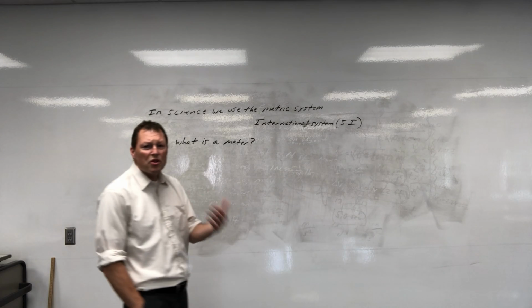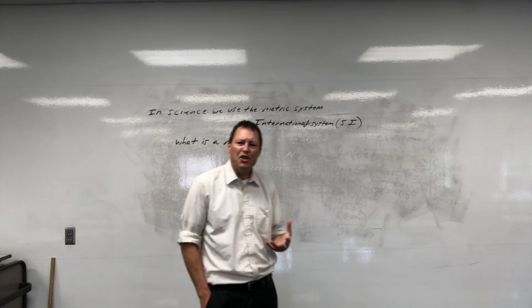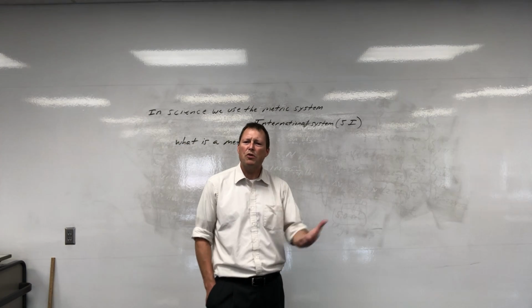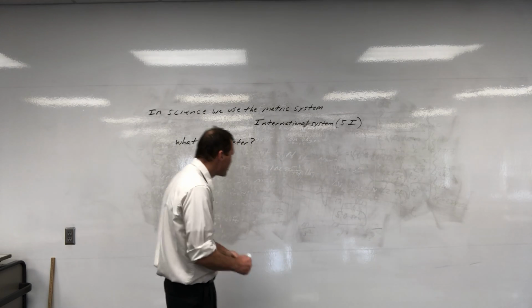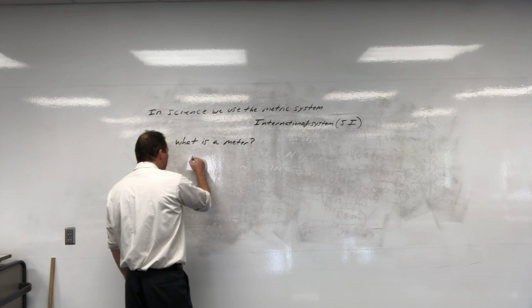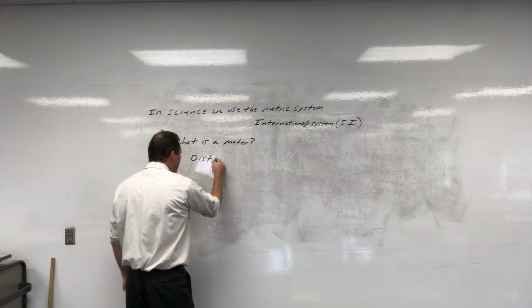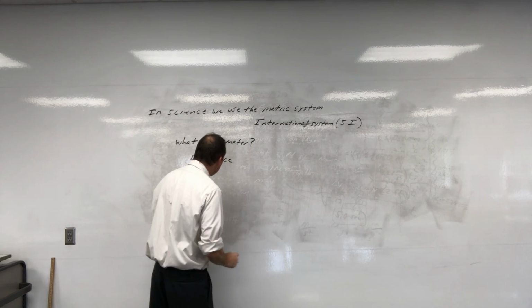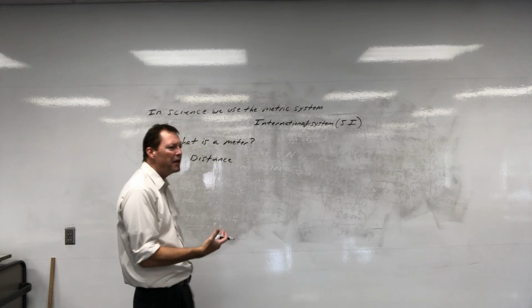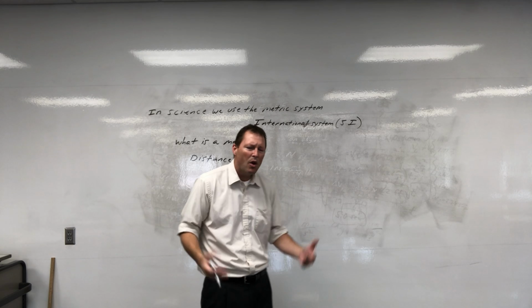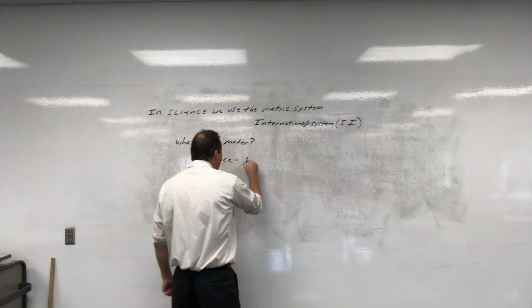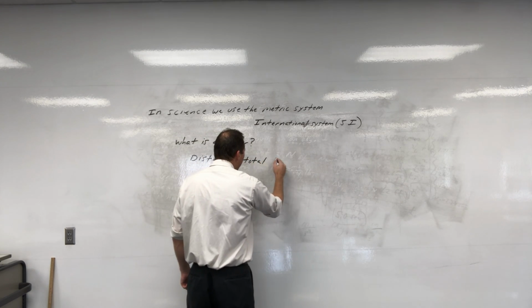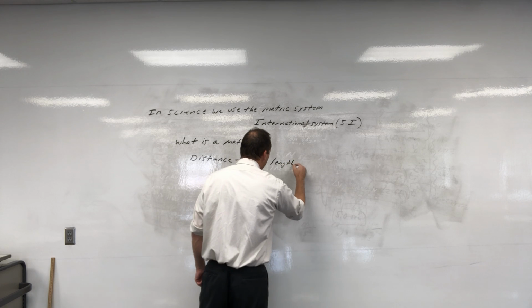All right, let's go ahead and talk about distance versus displacement, because we're going to be using those terms a lot in physics class. So distance, that's a term you're probably familiar with. So let's start there. What is distance? Well, distance is the total length traveled.